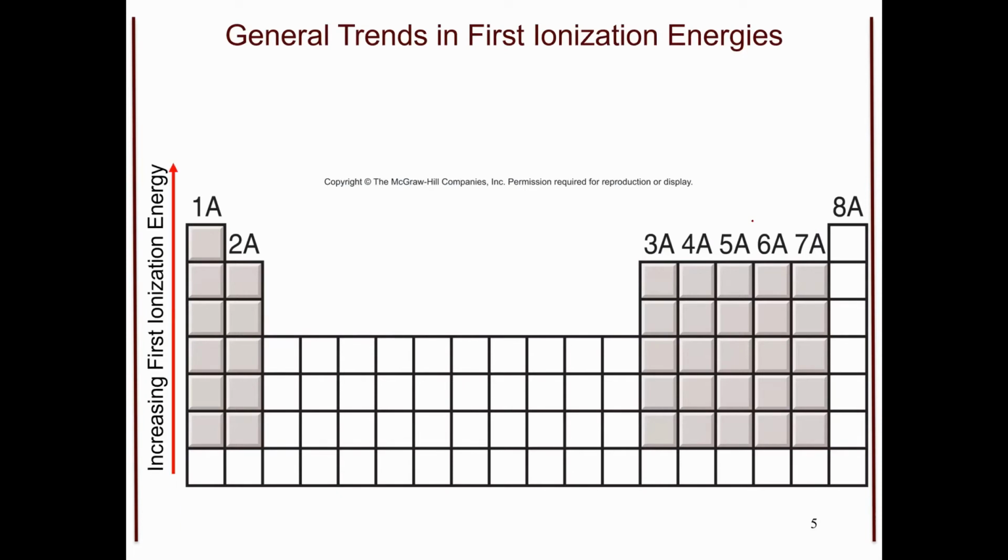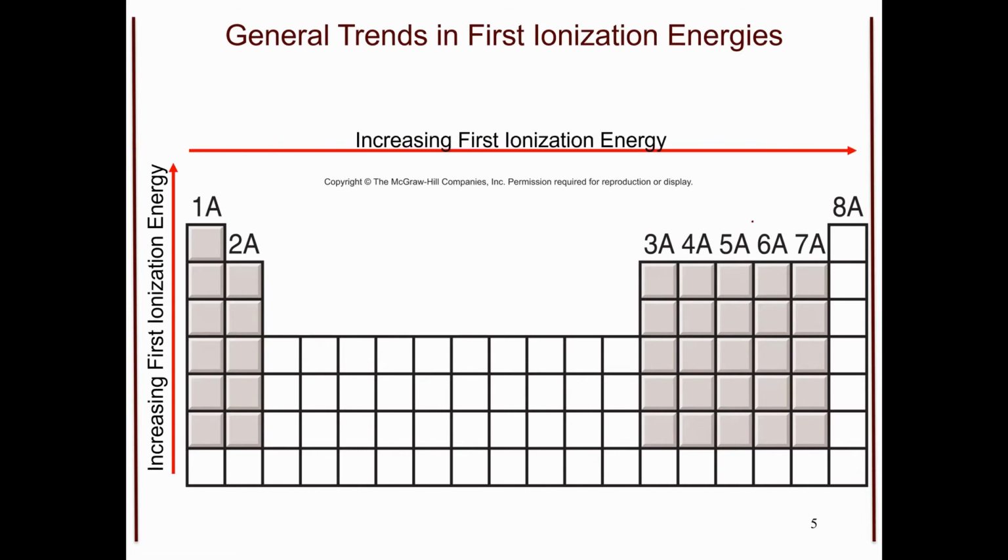As we go up the periodic table, we would expect our first ionization energy to increase. Another way of looking at it, it would decrease as we go down. The further the electrons are from the nucleus, the more they are shielded from the effective nuclear charge, making it easier to remove. As we go from left to right, we will increase the first ionization energy.